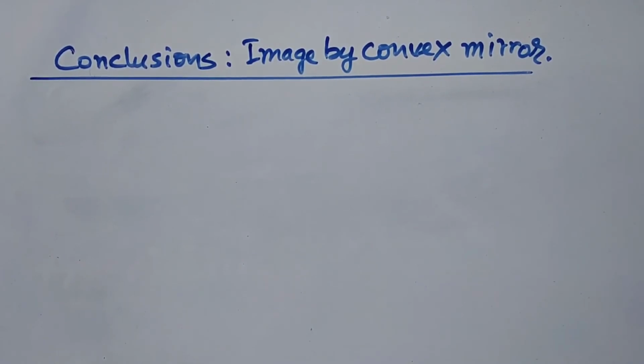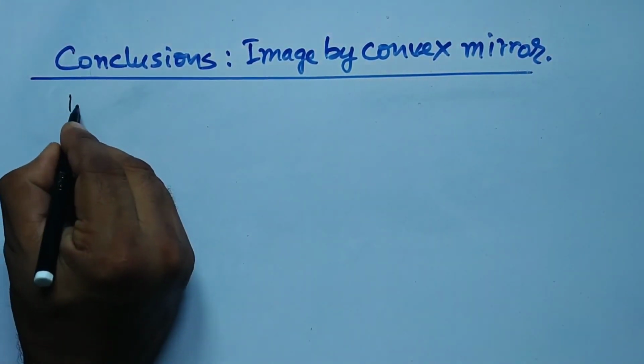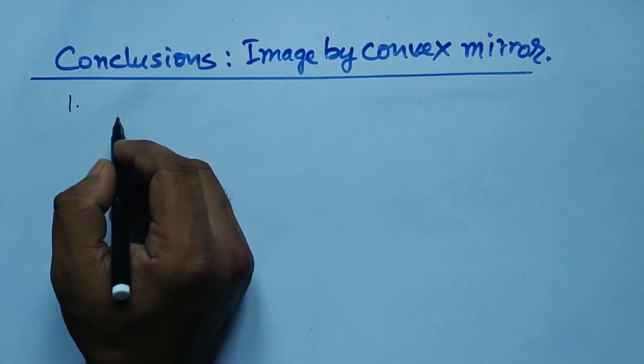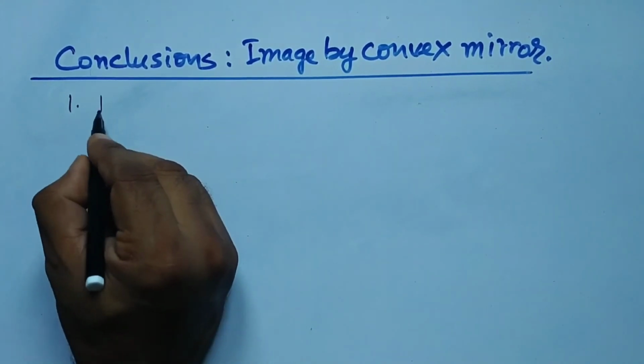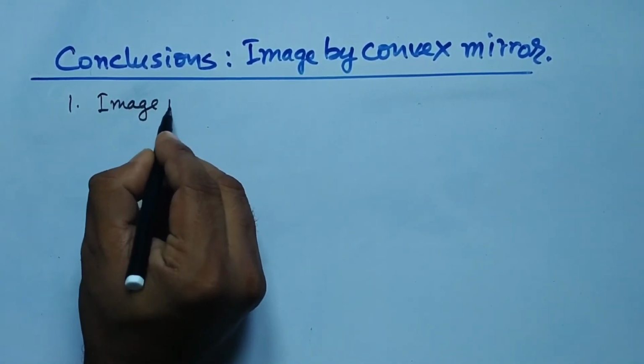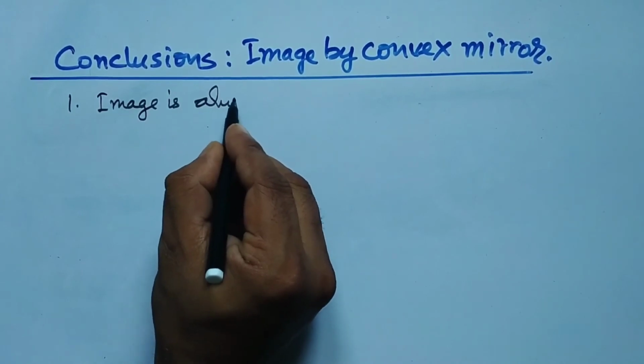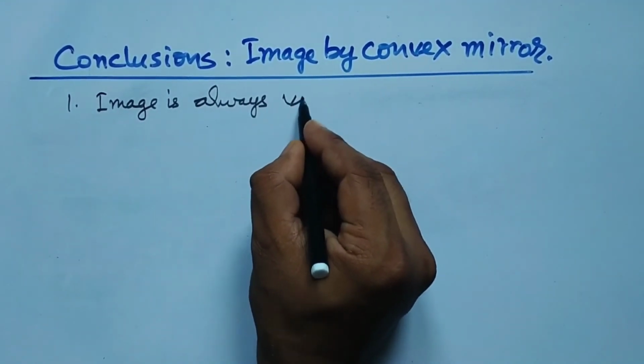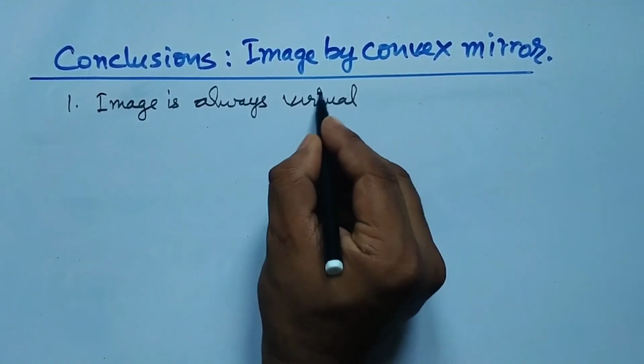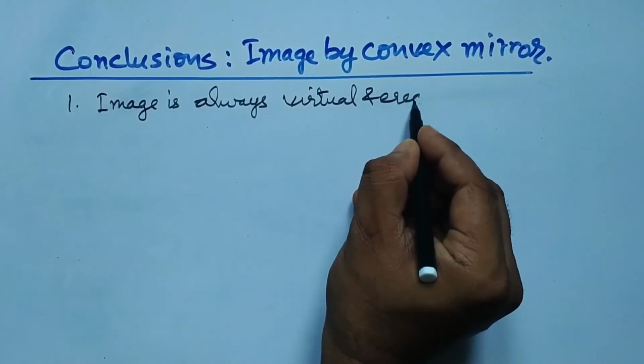Now let us write some conclusions that are related to the image formation by convex mirror. The very first fact you must have seen that the image that is formed is always virtual and erect.